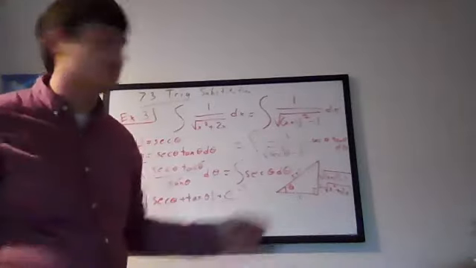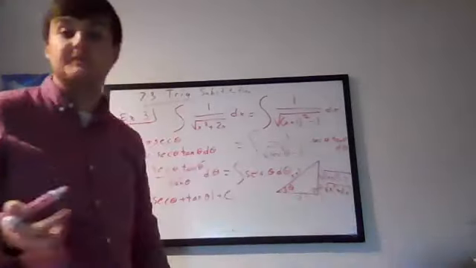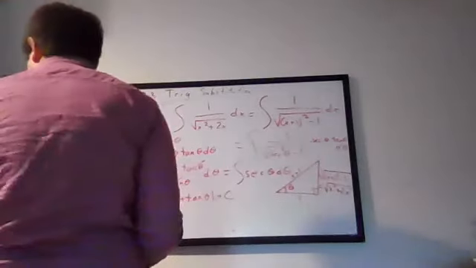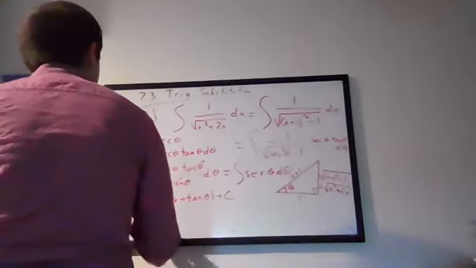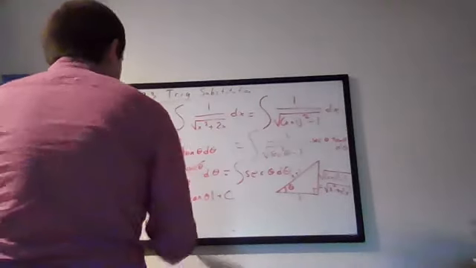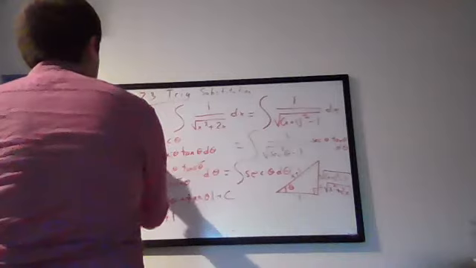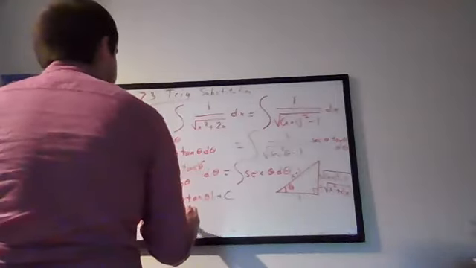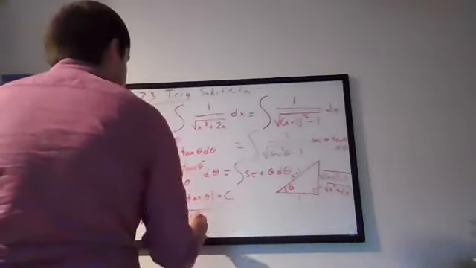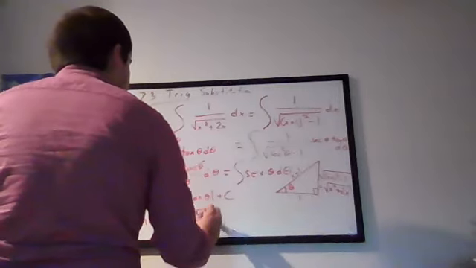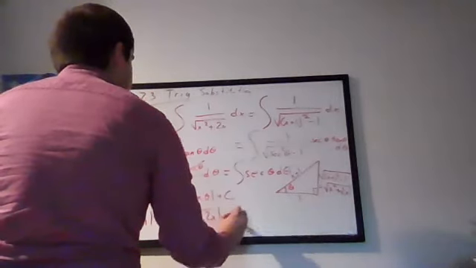Adjacent is 1, luckily, so it's just square root of x squared plus 2x. So our final answer is going to be the natural log of x plus 1, because that's secant, plus the square root of x squared plus 2x, plus c.